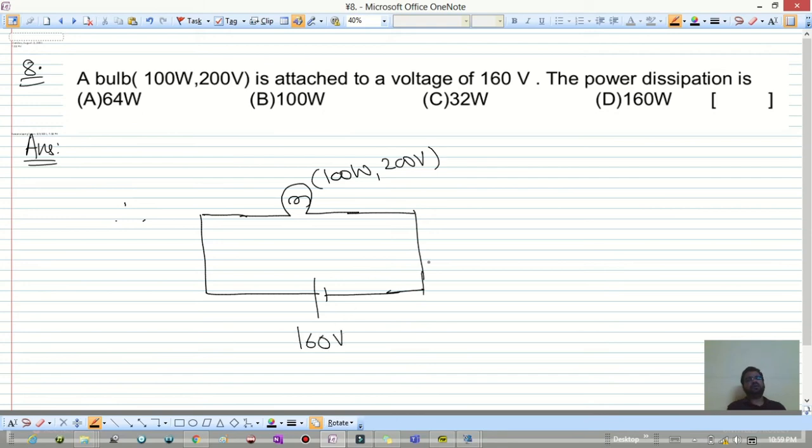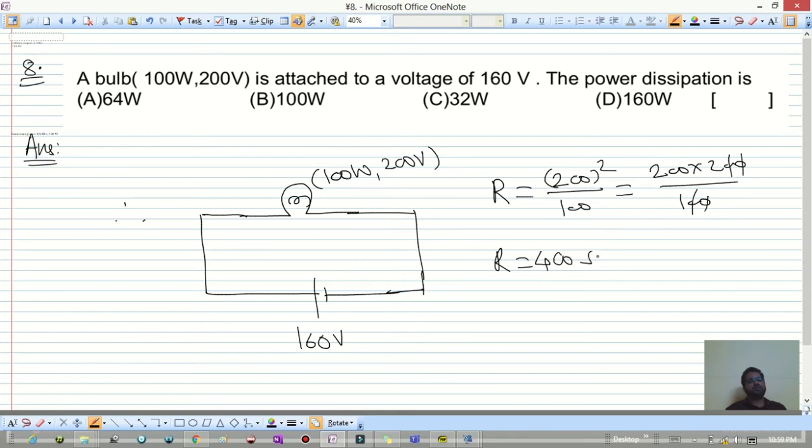Firstly find out the resistance always by using the rating. It is V squared, that is 200 squared, divided by P, that is 100. So 200 into 200 divided by 100, the zeros get cancelled. So resistance we have is 400 ohm.